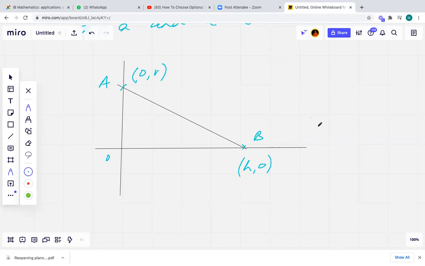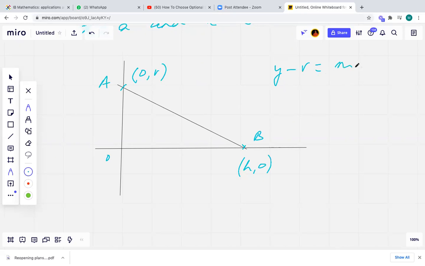Now what is the equation of the line? Can you write the equation? So equation of line is y minus y1 equals m times x minus x1. So in this case, it will be y minus r equals m.